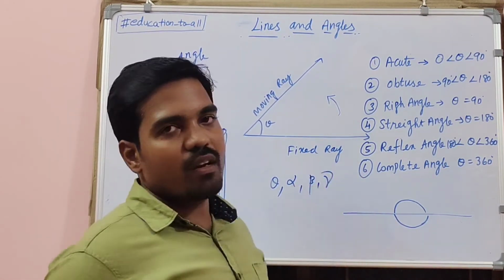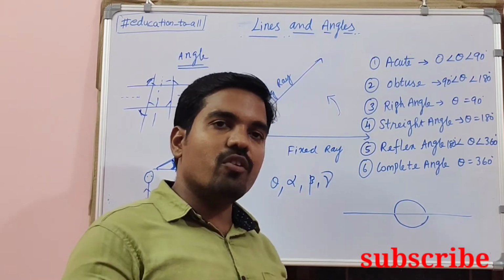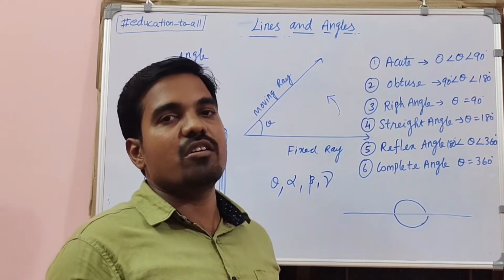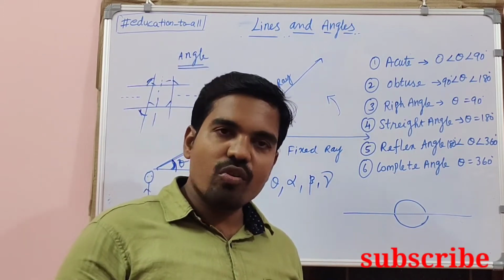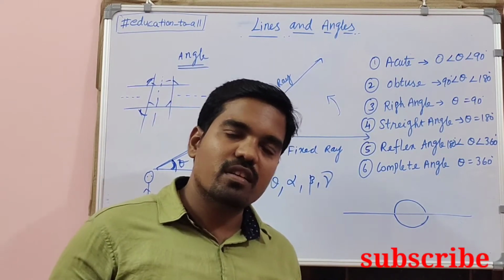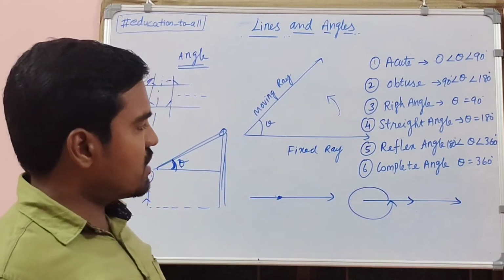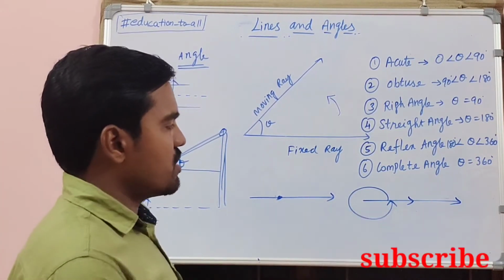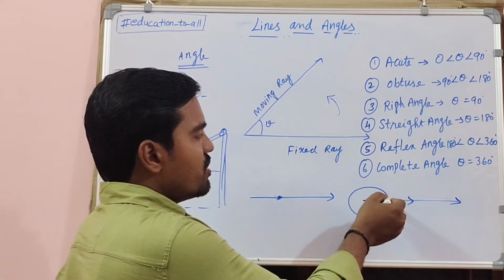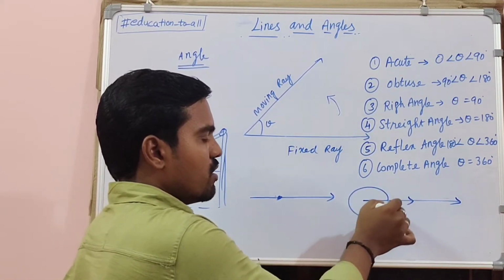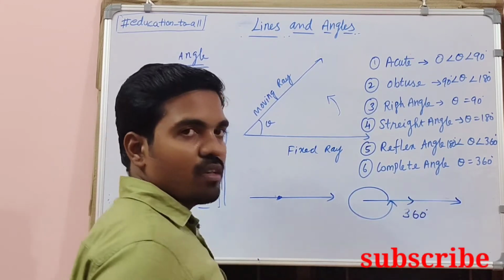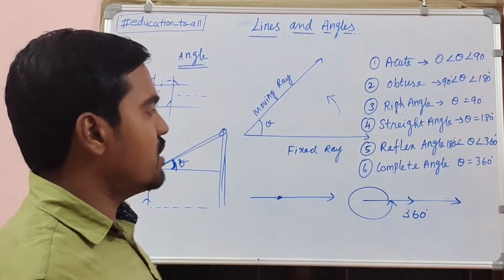Next, complete angle. What is meant by complete angle? We know one complete revolution, measured in degrees, is 360 degrees. So the complete angle is considered as 360 degrees. Let us see some notations given here. There are two different notations. Here the angle starts from here and ends here. This notation represents 360 degrees.